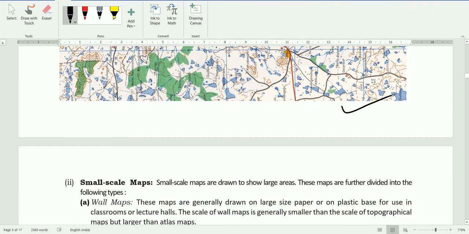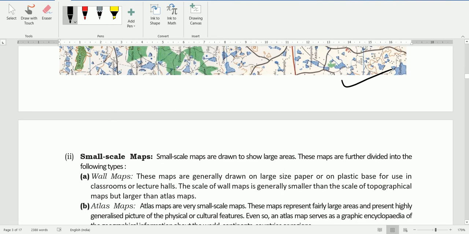How is it numbered? We shall learn it later on. So these are the two types of large scale maps. Remember, we have two types of large scale maps. The first one is cadastral map, and another one is topographical maps.